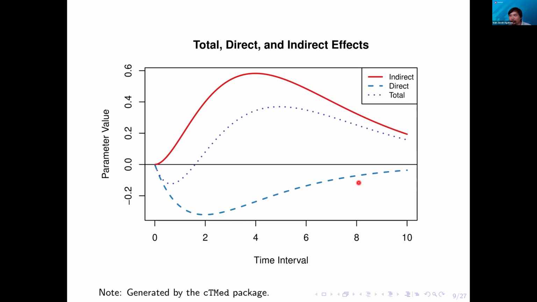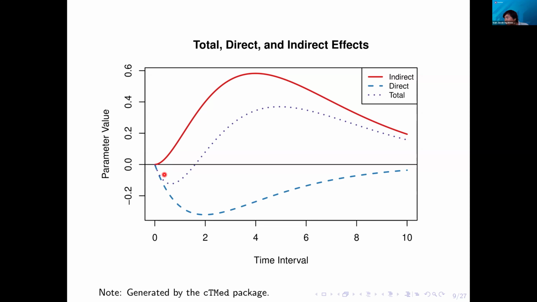We can see that in the short term, let's say less than an hour, the stress direct effect is kind of negative. The direct effect is negative, and it's dominating the associations between stress and mood. You can think about it as coping hasn't worked yet in the initial hour, for example, less than an hour.